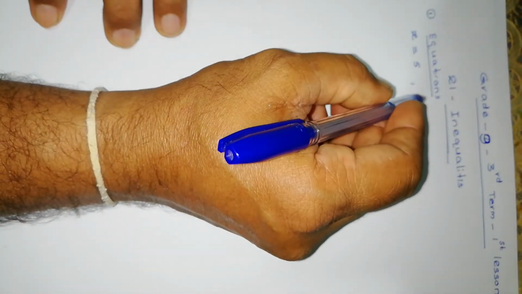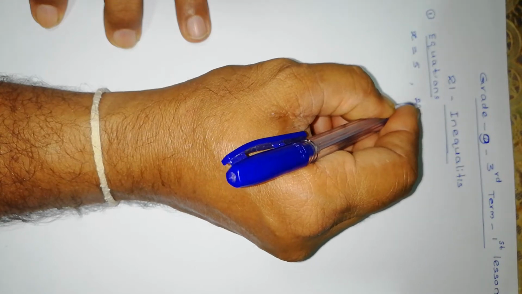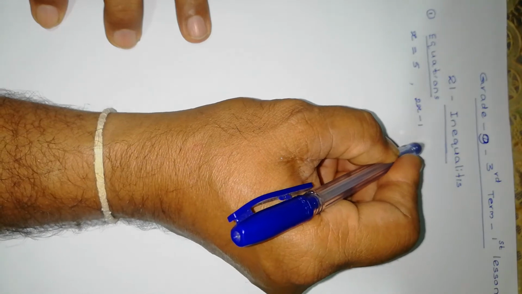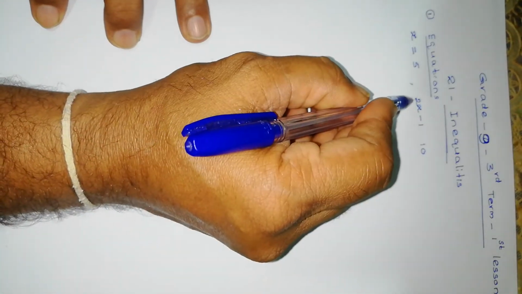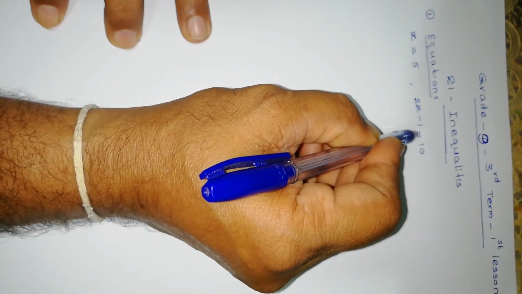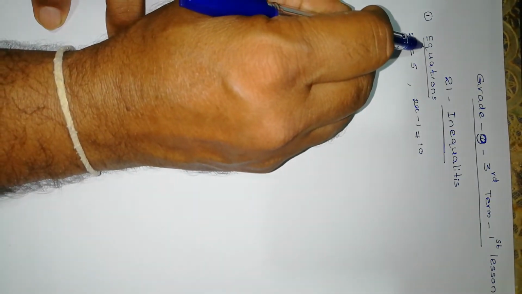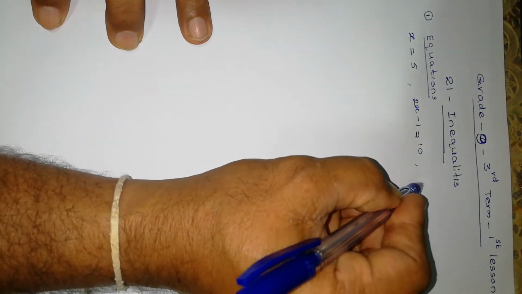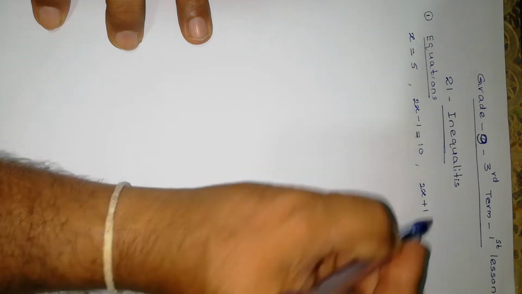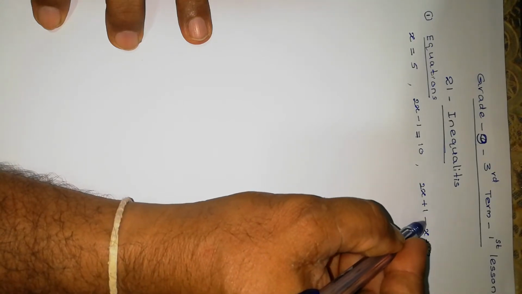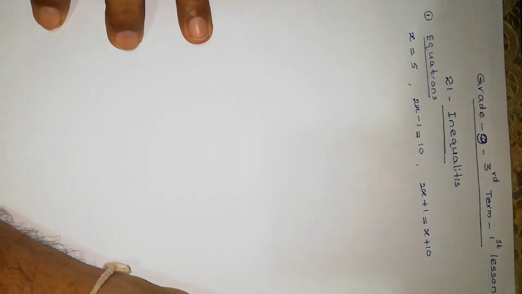Another example for equation: 2x minus 1 is an expression and 10 is a term. Joining these two using an equal sign, we can build up an equation. Another example: 2x plus 1 is an expression and x plus 10 is another expression. Joining these two expressions using an equal sign, we can build up an equation.